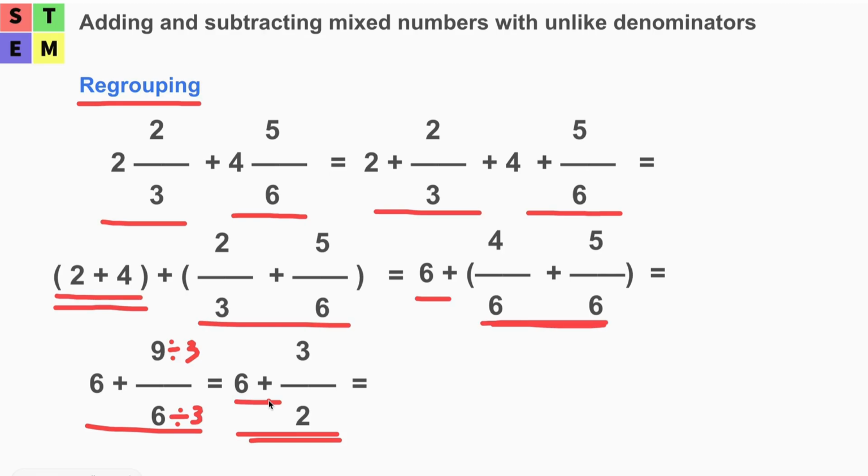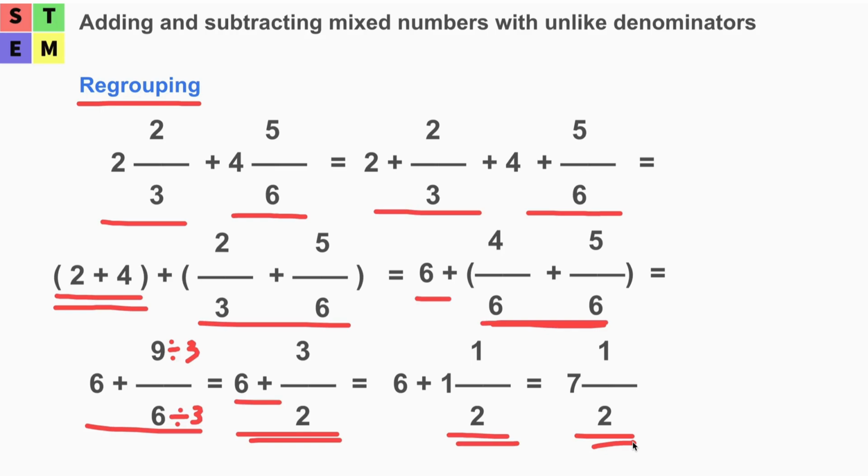And then it's much easier to calculate like that, right? So 3 over 2 equals what? 1 and 1 over 2, right? And then 6 plus 1 and 1 over 2, which is 7 and 1 over 2, okay?